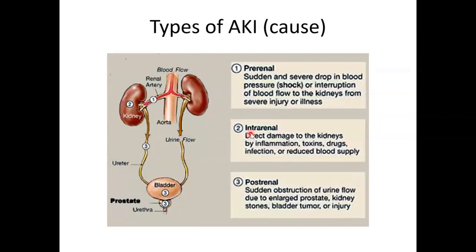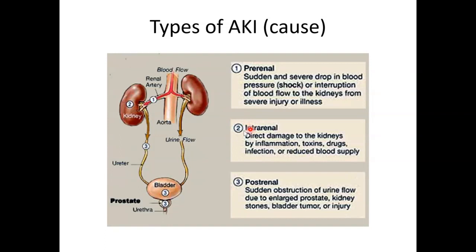The second one is intrarenal, intra meaning inside the kidneys. It's actual kidney damage, a punch to the kidneys, not something that happens before. It's direct damage to the kidneys by inflammation, toxins, drugs, infection, or a reduced blood supply. After somebody has a reduced blood supply and the kidneys become ischemic, that's kidney damage that's occurring.